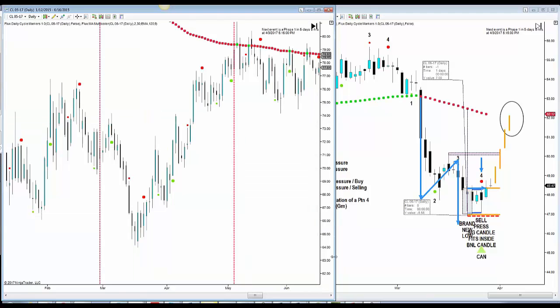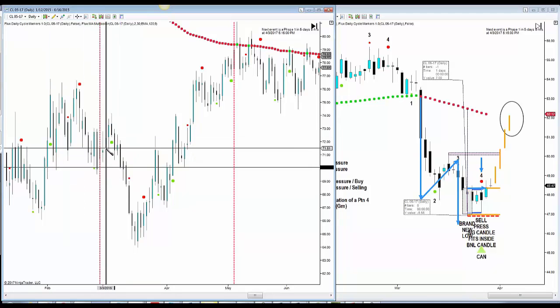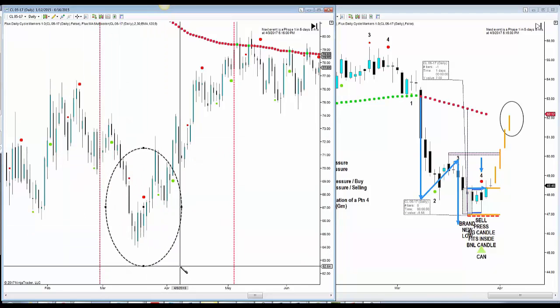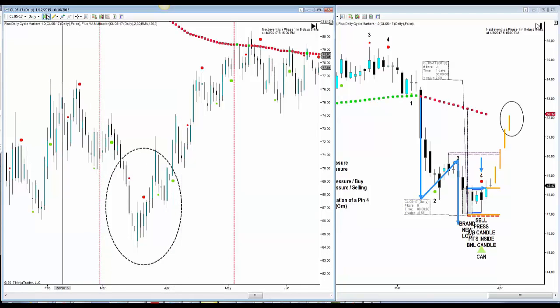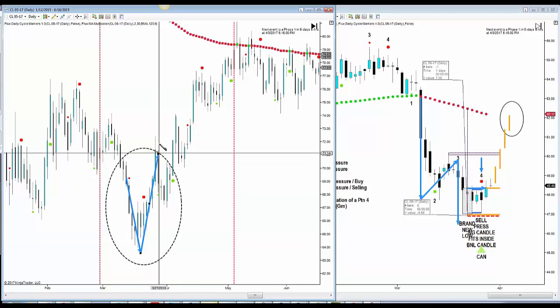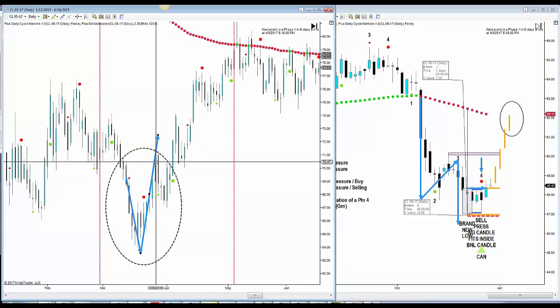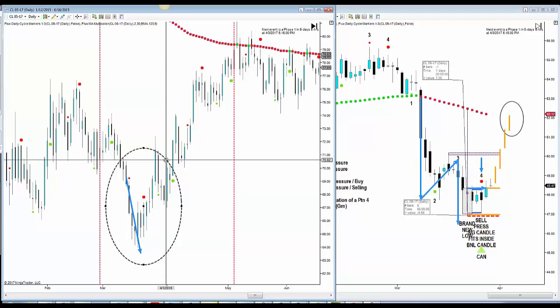Does anybody see any similarities? Well, first thing, we have a fishhook pattern, don't we? It's a fishhook! Look, everybody, it's a fishhook pattern! Okay, we have that 2 years ago, same time of year.